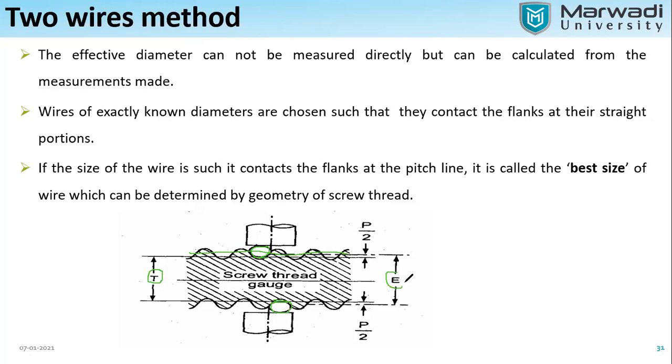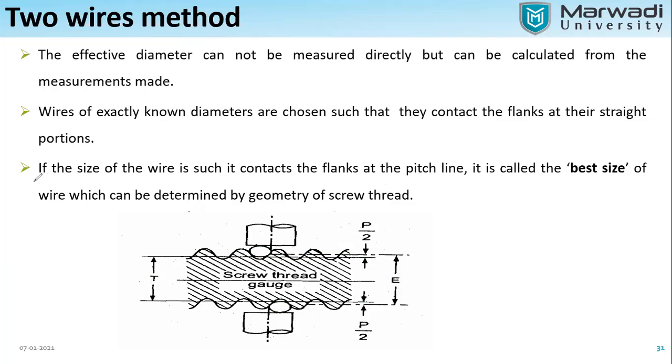The gap between T, the dimension under the wire, and the effective diameter of the screw thread will be a total of P: P by 2 on the upside and P by 2 on the downside. So our task is to find out this distance P, and when we add it to the dimension T, we get the effective diameter.